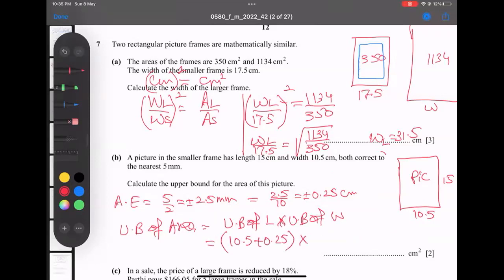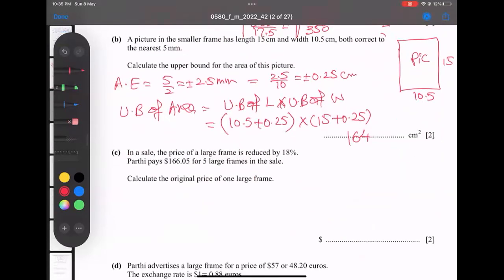For the upper bound of width, in this 15, add it, so 15 plus 0.25. Typing it in the calculator, the answer comes to 164 centimeters squared. I think the idea is clear.